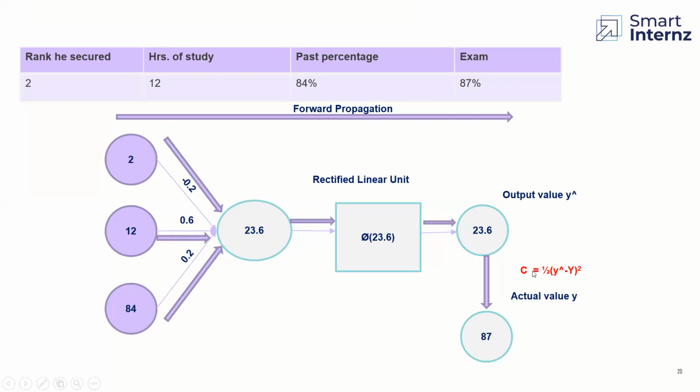This error we need to minimize. Yes or no? To update the weights to attain the actual output. To decide if we need to increase or decrease the weight. Correct.